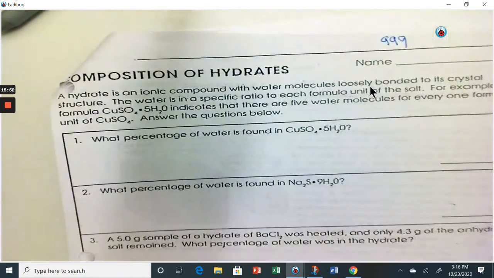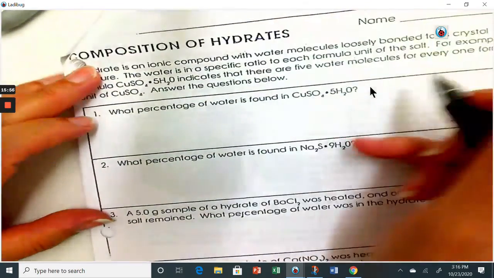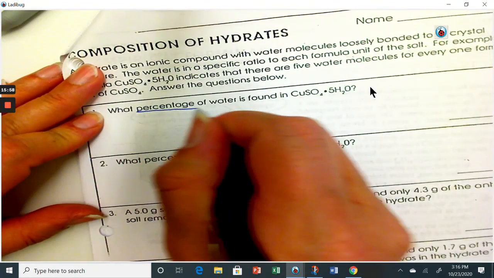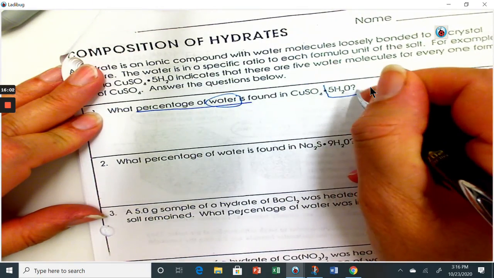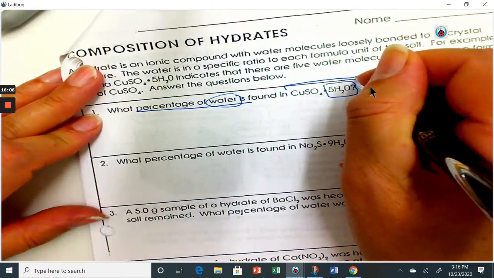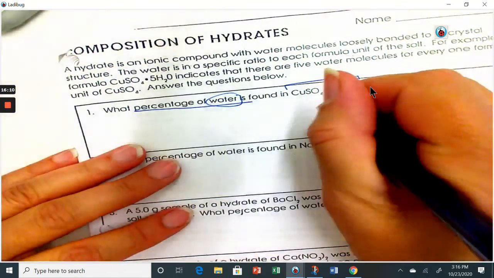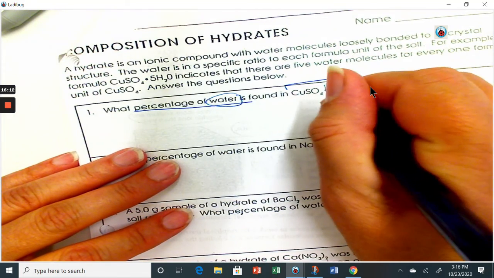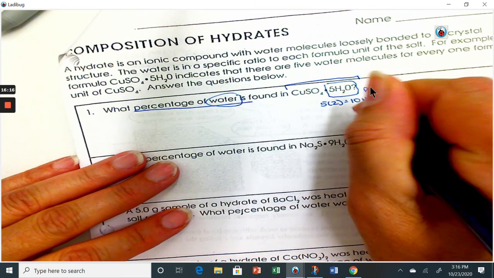Okay? On the next page, it is doing percentage of water. So water, this is the part that I'm looking for, and then this is the whole thing. So it's a very similar type of thing. You would do the water. I have 5 H's. 5 times 2 equals 10 H's. 5 oxygens.